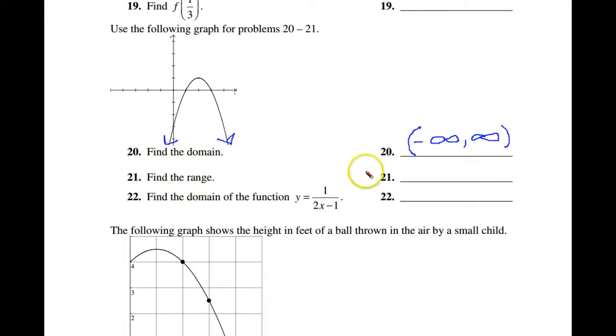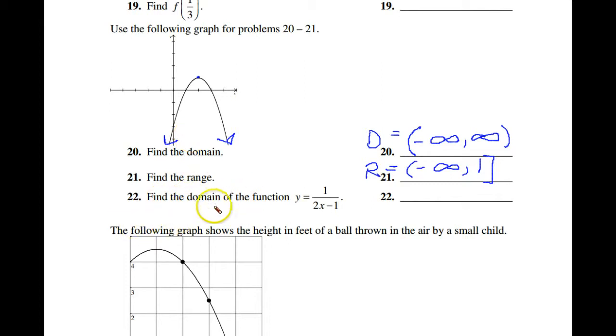Now for the range, it's coming up from negative infinity. It's going all the way up to, I guess we can call that a 1. And 1 looks like it's in the set, even though there's not a dot there. And you put a bracket, indicating that the 1 is actually there.